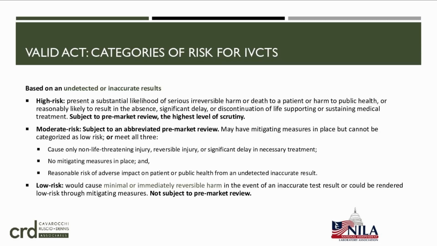If it's high risk, this means that it presents a substantial likelihood of serious, irreversible harm or death to a patient or harm to public health. These types of tests, if they would be established as high risk by the FDA, would be subject to pre-market review, which is the highest level of scrutiny outlined in the legislation.